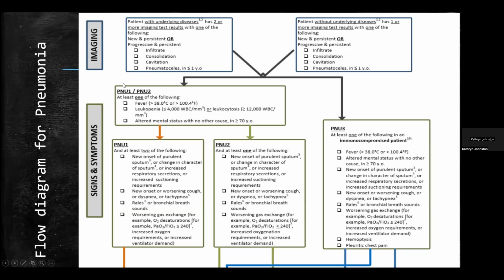And then they also have to have at least one of the following for the signs and symptoms. They have to have fever, leukopenia, or leukocytosis, and in persons older than 70, altered mental status with no other cause. And so you can actually check and then go back and be able to verify that you have in fact met the intent of the criteria.